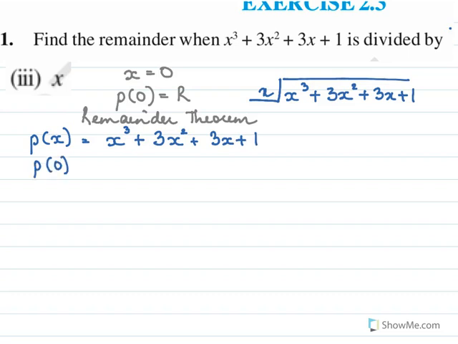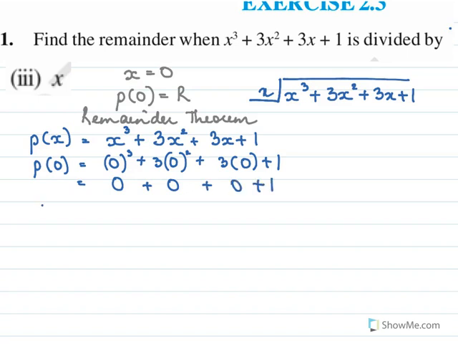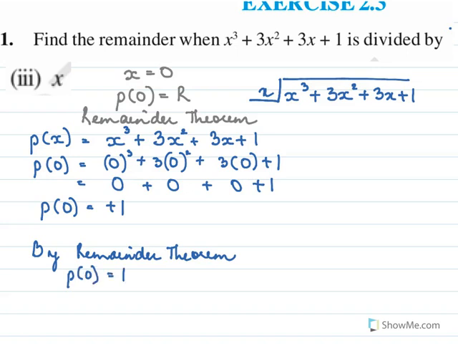So p of 0: wherever there is x, I'm putting 0. 0 cube is 0, 3 into 0 is 0, plus 1. So p of 0 equal to 1, and by remainder theorem, p of 0 is the remainder. So the remainder equal to 1, which means when we divide here, our remainder will come 1.